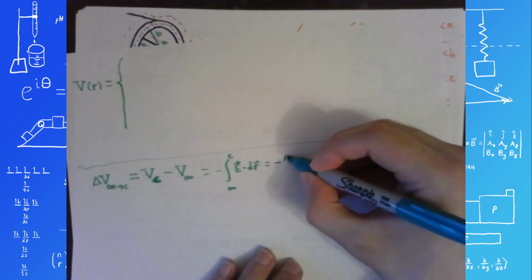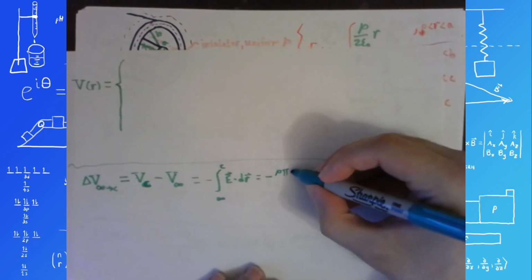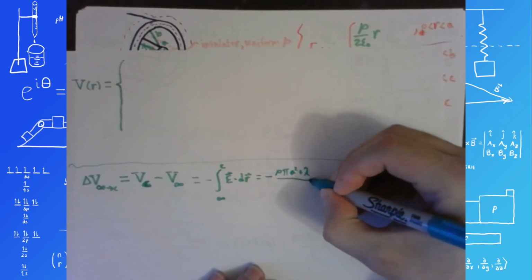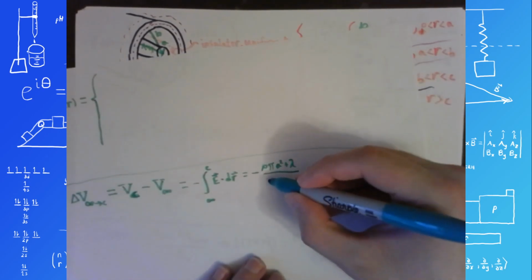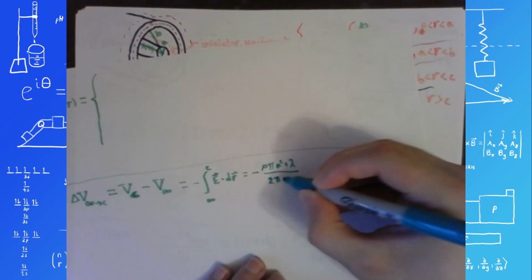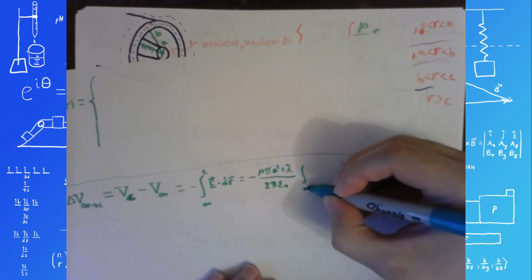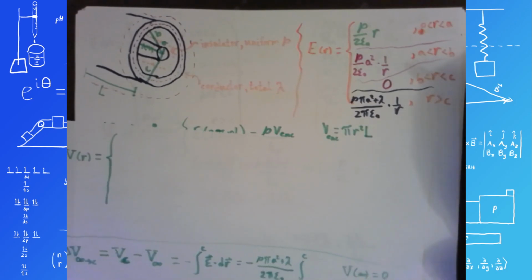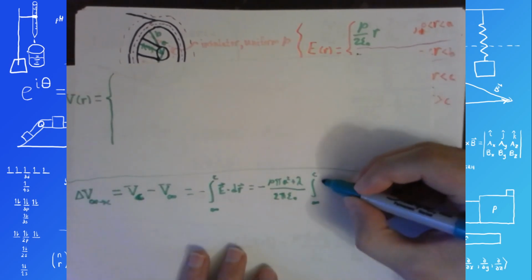So rho pi a squared plus lambda, my goodness, over 2 pi epsilon naught. And then integral from infinity to c of 1 over r dr.